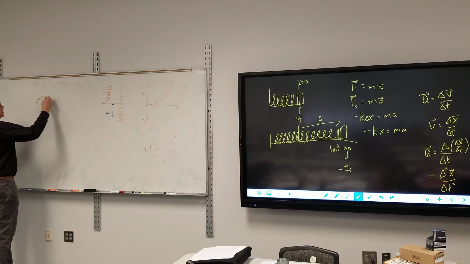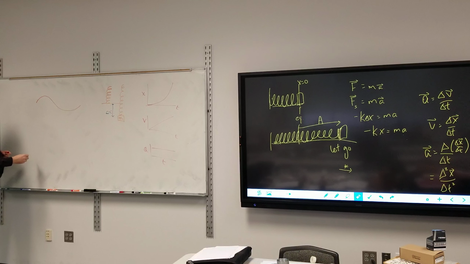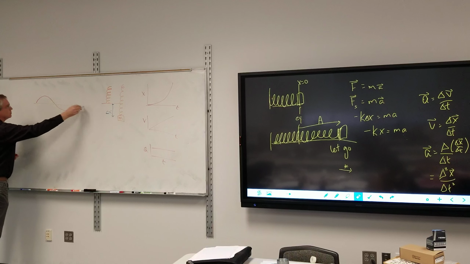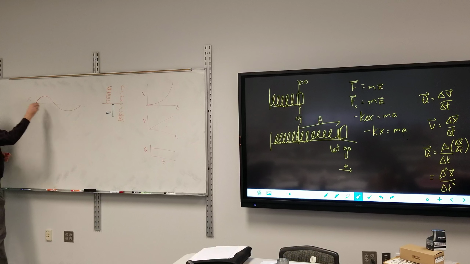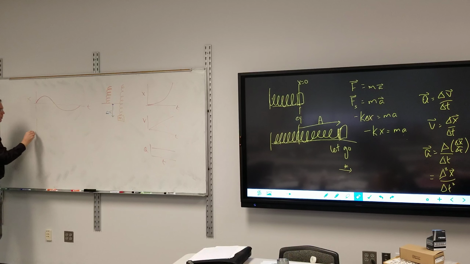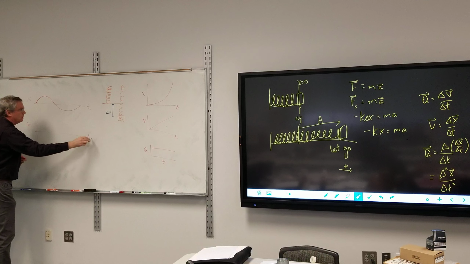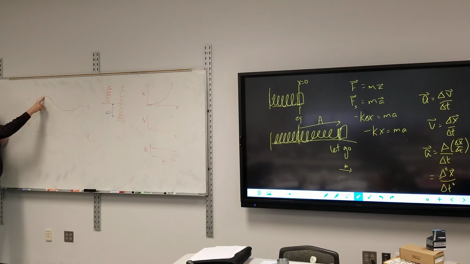So if I have a sine function, poorly drawn, if that's x versus time, the slope of it, well, I know the slope. What's the slope here? 0? It's 0.